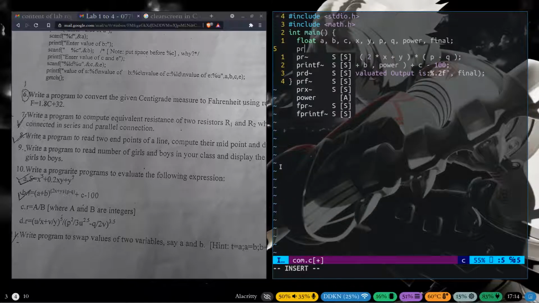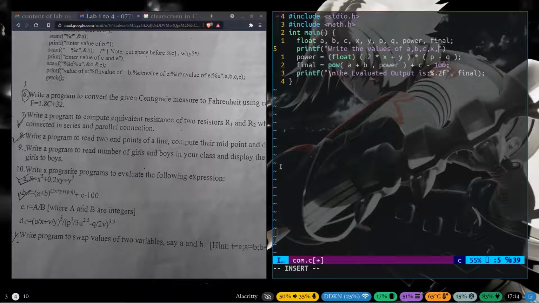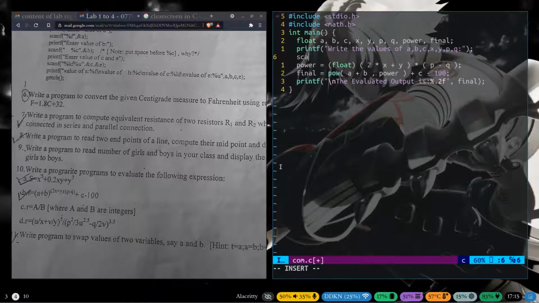Okay, and now let me do printf. Write the values of a, b, c, x, y, p, q, x, y, p, q, right, scanf. f 2 3 4 5 1 2 3 4 5 6 7, a, b, c, x, y, p, q.